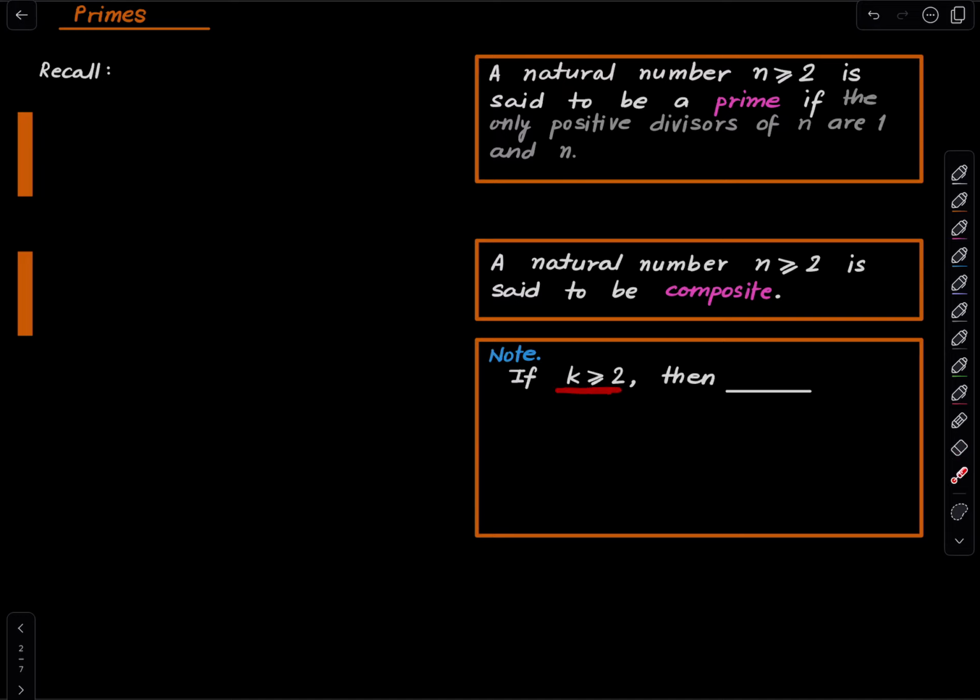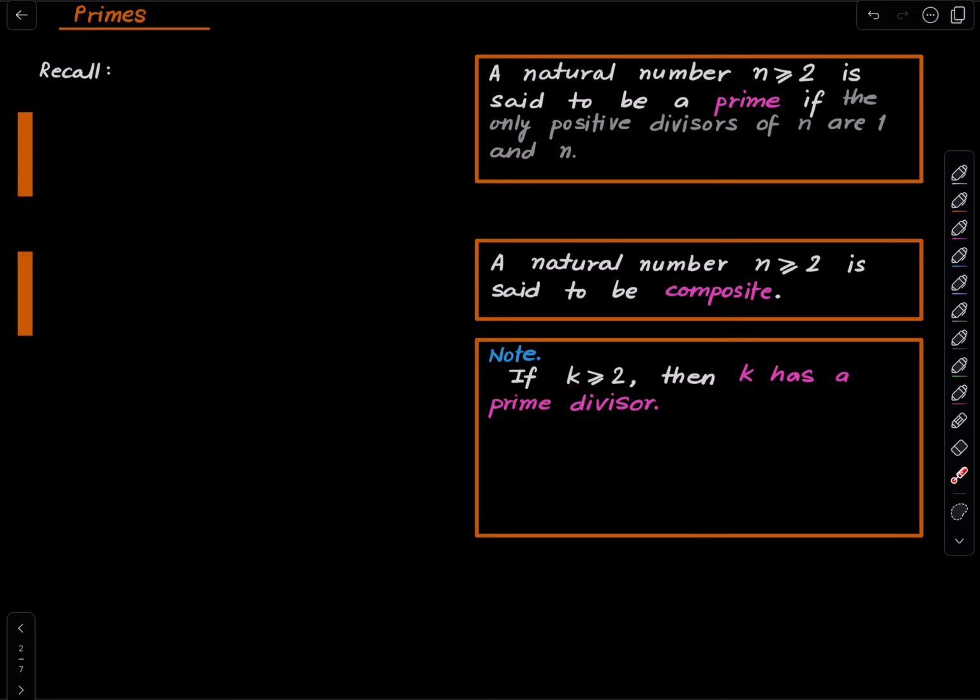A very important remark is the following. Suppose I have some natural number K at least 2, then K has a prime divisor. It's a very simple thing. If K itself is a prime, then nothing to be done, right? Because you can take K itself as your prime divisor.